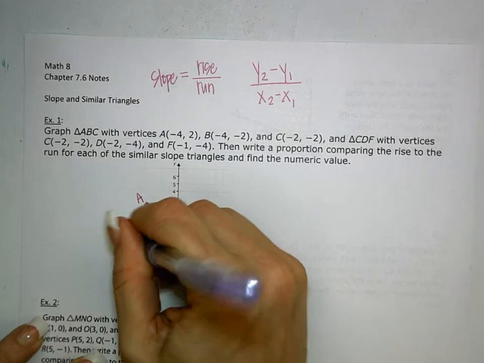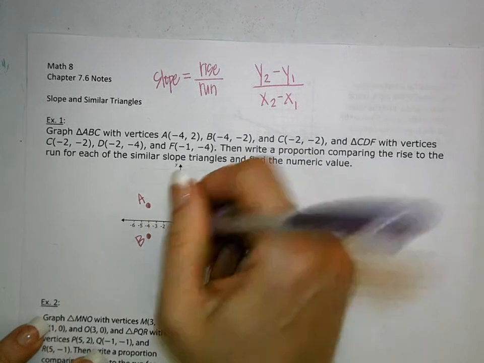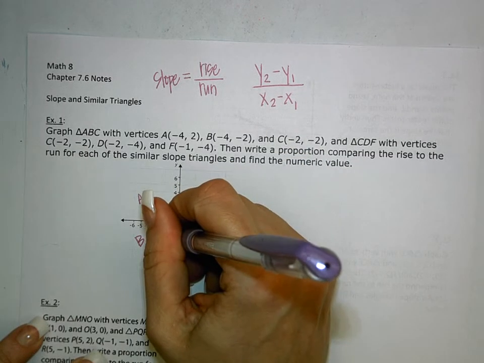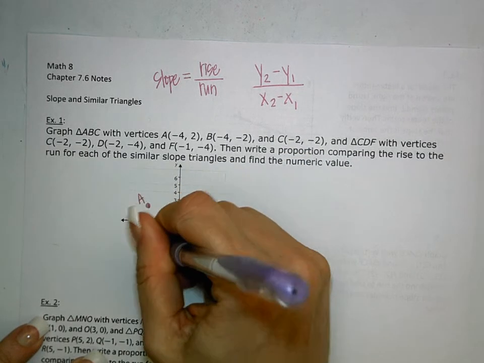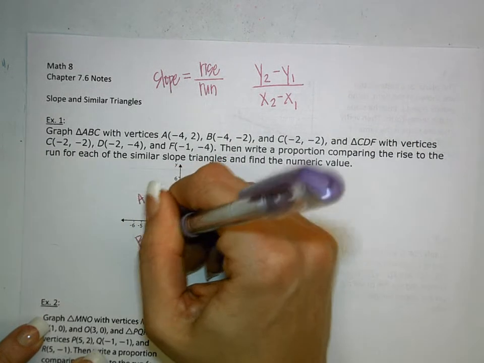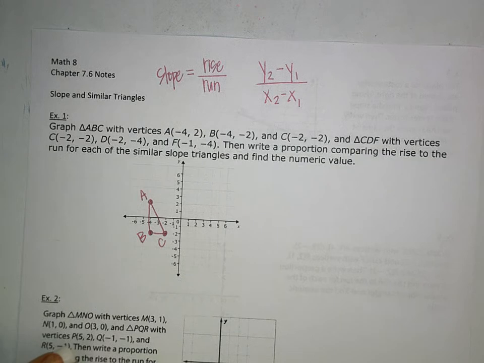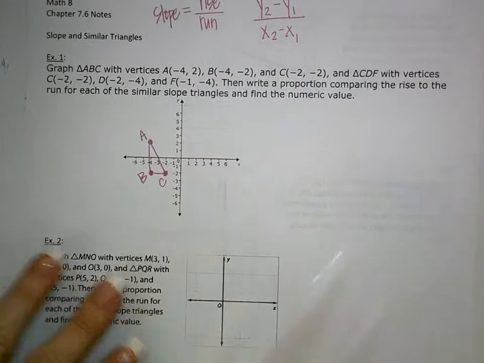That's B. C is (-2, -2), so left 2, down 2. And that's C. Okay, and we're going to connect them with lines. So those are our vertices.